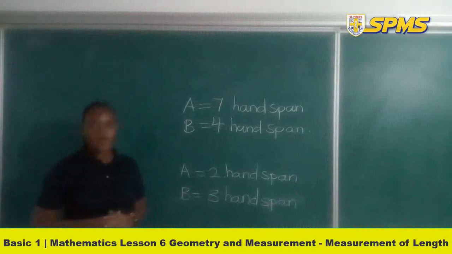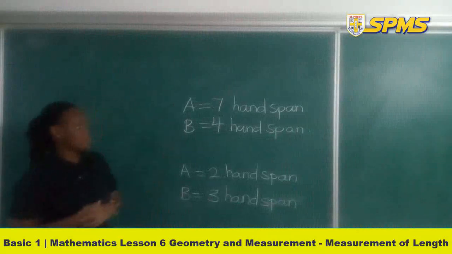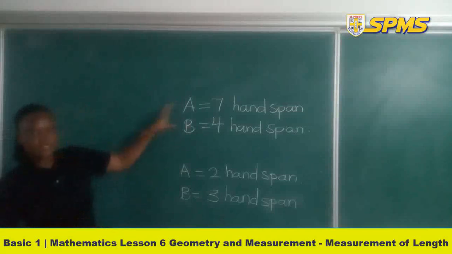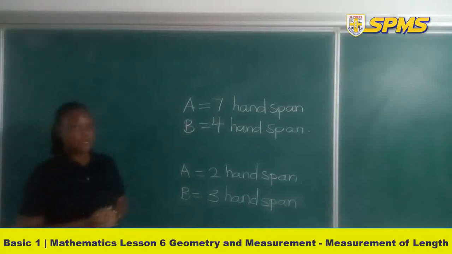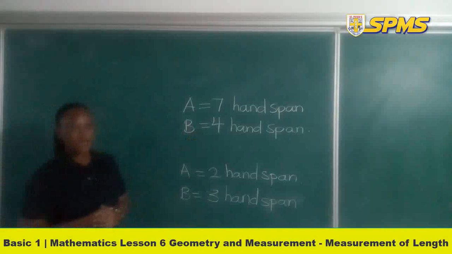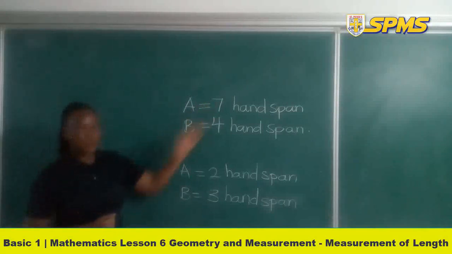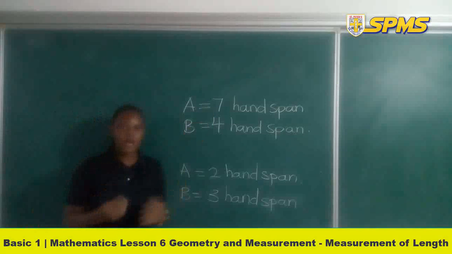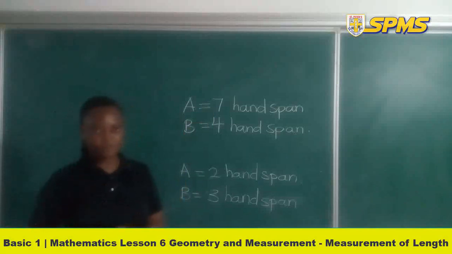Now let us compare these measurements. Our first measurement, we had 7 hand span for A and then 4 hand span for B. Looking at these two measurements, which object was taller than the other?